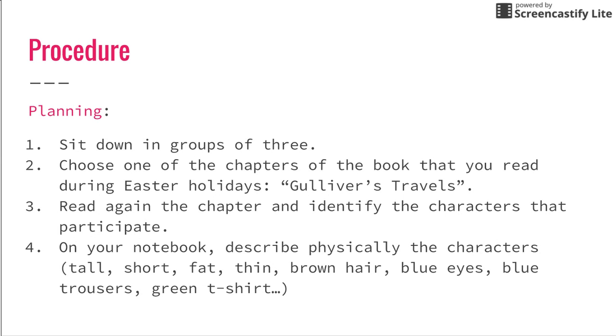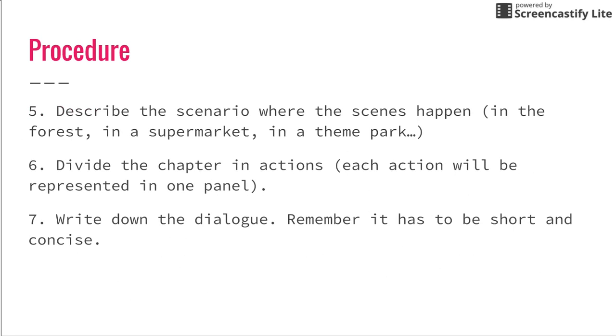On your notebooks, you will identify the characters and you will describe them. You will also describe the scenarios, and finally you will divide the chapter in actions, each action in one panel, and you will write down the dialogue.